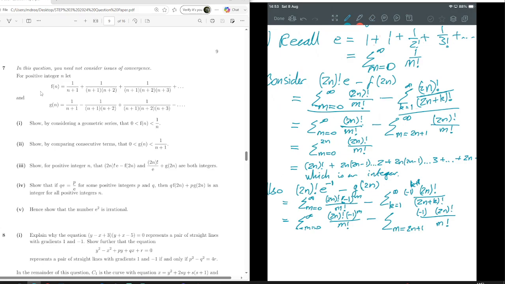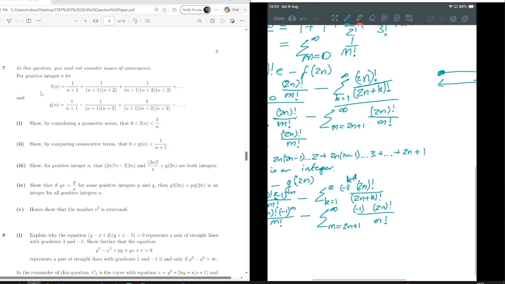And this is where my -1 is going to have a different power potentially. So when k is 1, m is... so yeah, when k is 1, k equals 1 corresponds to m being 2n plus 1.